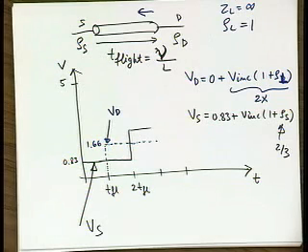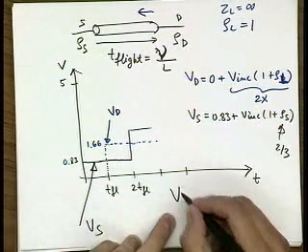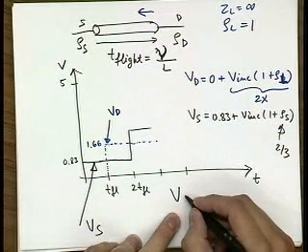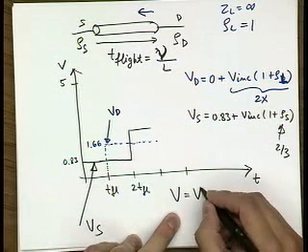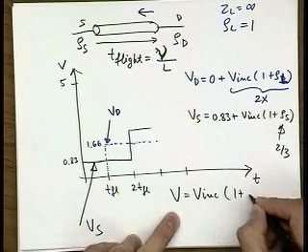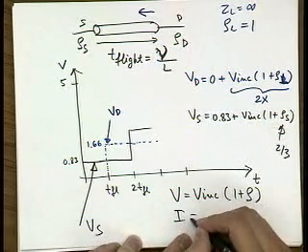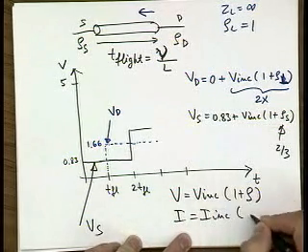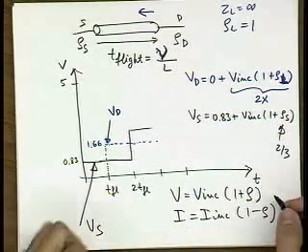Say it again. That should be minus there. Thanks. The way you define it, if you read it in the book, is that V is equal to V incident times 1 plus reflection coefficient, and the current is equal to I incident times 1 minus this.